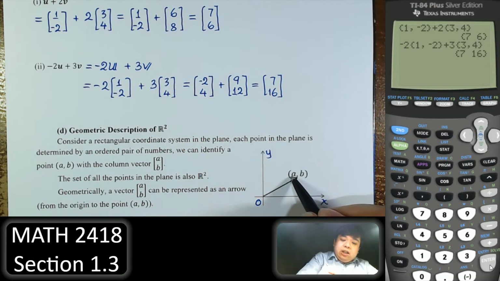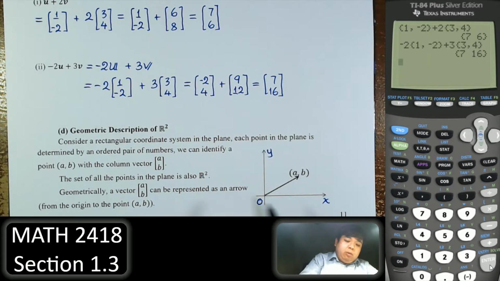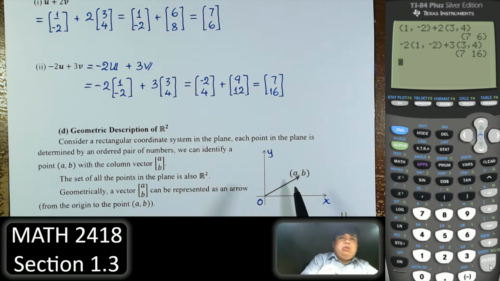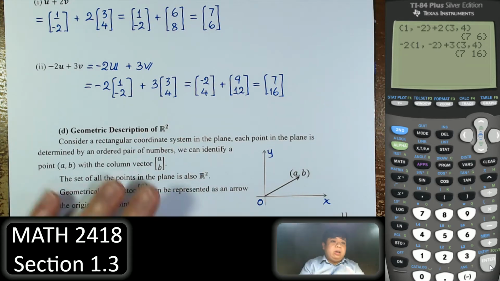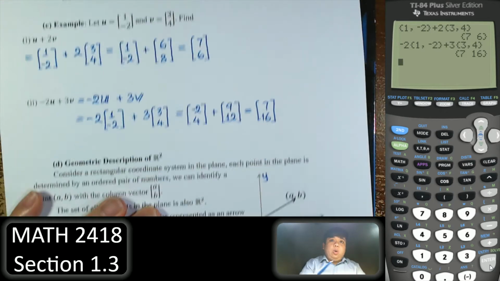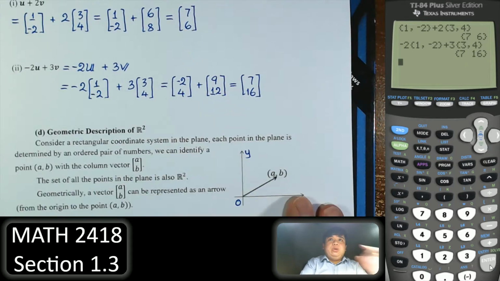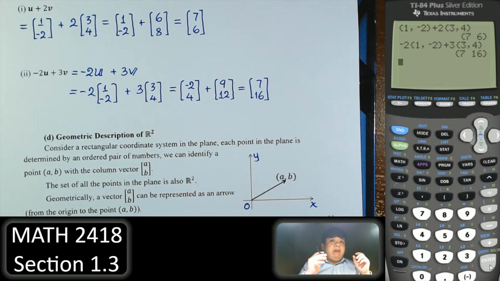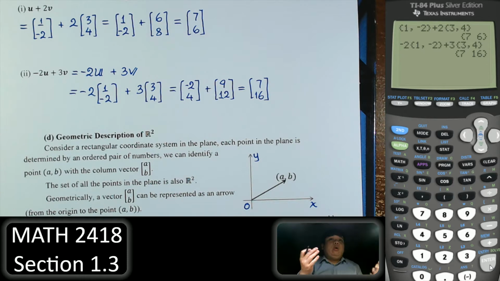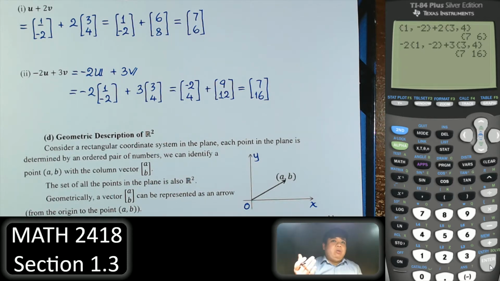Geometrically, the vector AB can be written as a point A and B. On the bigger picture of just a vector, of course the notation is not important. We can write it like that, or just a list of numbers like what we use on the calculator. A vector is something that has more than one component. It doesn't matter how we write the components, stacked in a column or in a row.